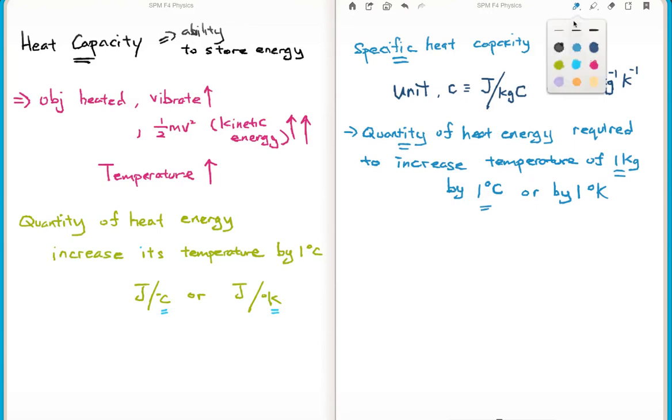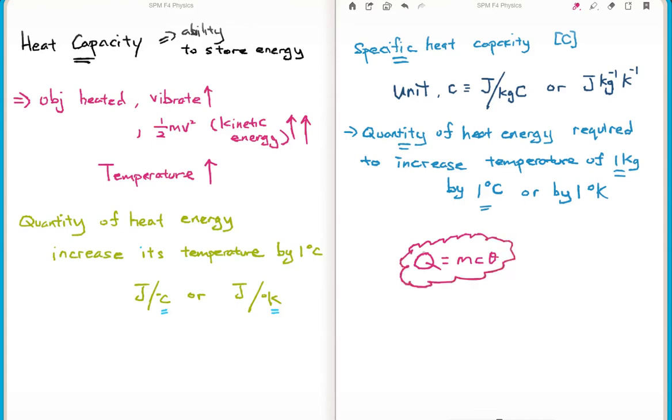So because of this definition, there comes up an equation to help you remember better. The amount of heat is Q = mcθ. So this c is the specific heat that you have learned, where m is the mass, c is specific heat, and θ is the amount of the degree of heat increase or decrease.